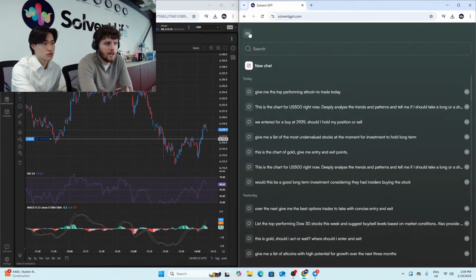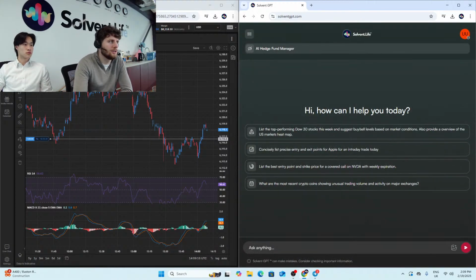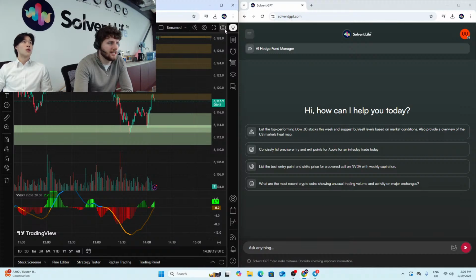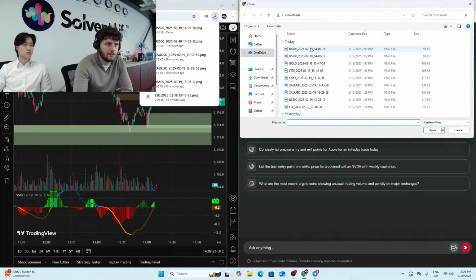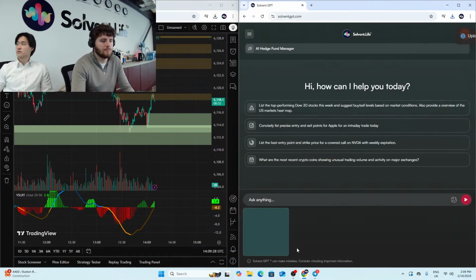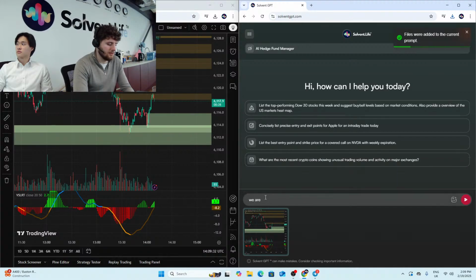Now, I think we should re-ask the GPT and see whether we should stay in this trade that we're in. We're currently sitting in a decent amount of profit for a 5-minute trade. We'll just attach it. We are currently in a buy position.